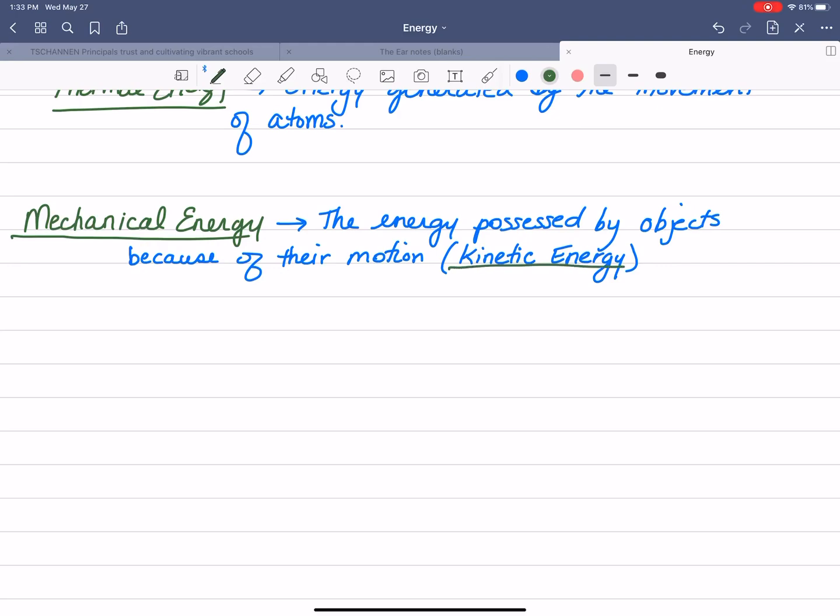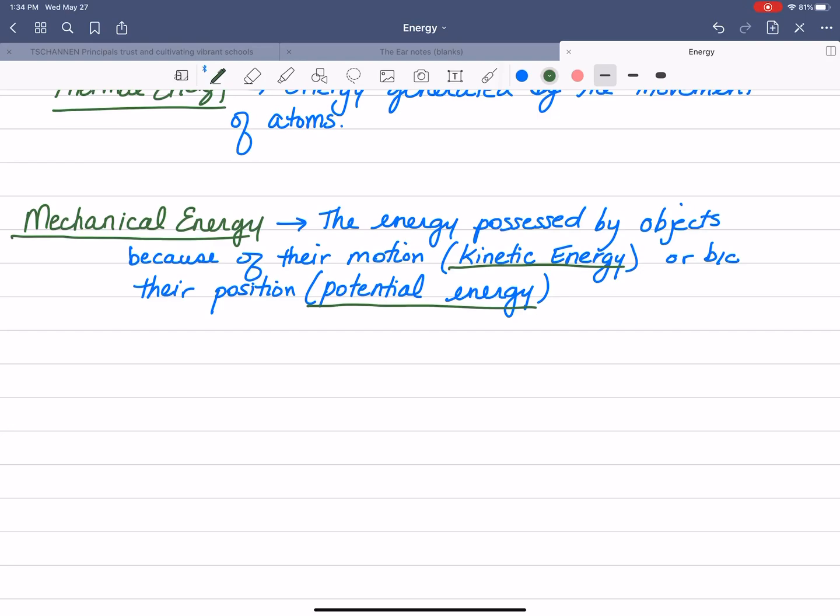So I'm just going to underline it in green. Or because of their position. So we call this potential energy. And you can have gravitational potential energy.